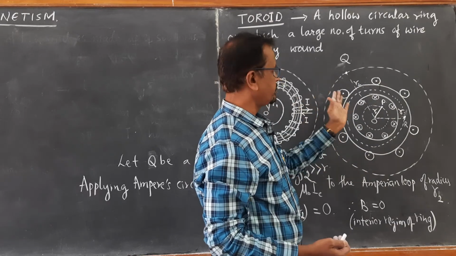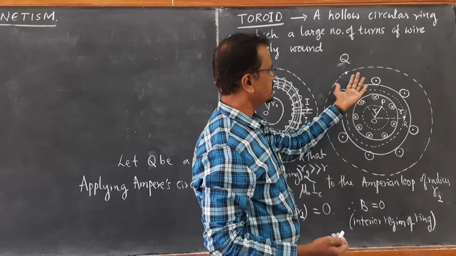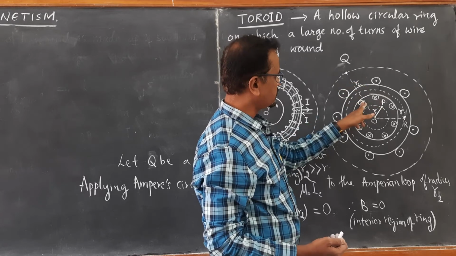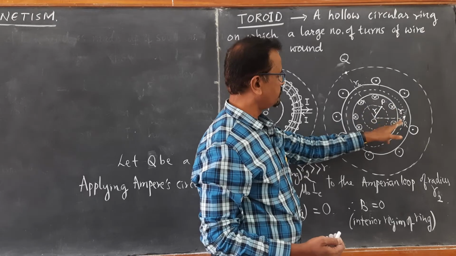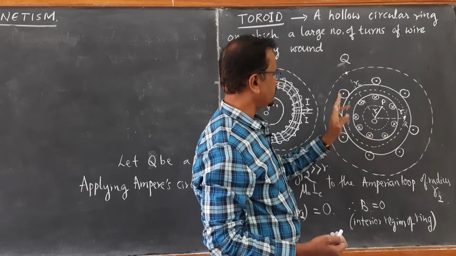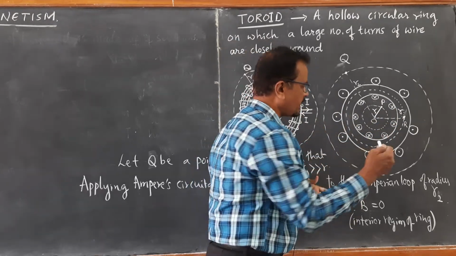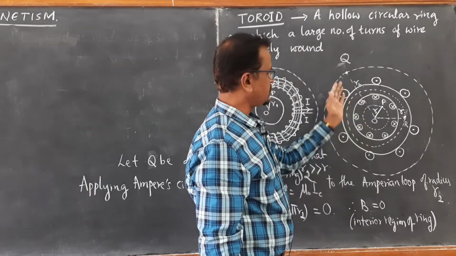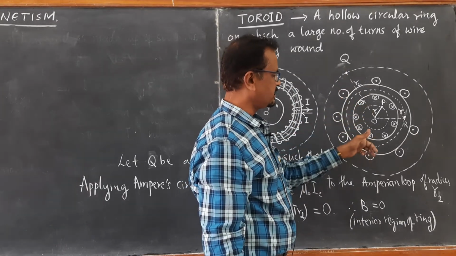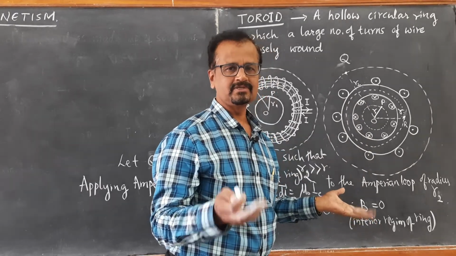For my reference, I have taken 8 currents emerging out, and the same number of currents are entering in. 1, 2, 3, 4, 5, 6, 7, 8. So plus 8I minus 8I, the total current becomes 0.